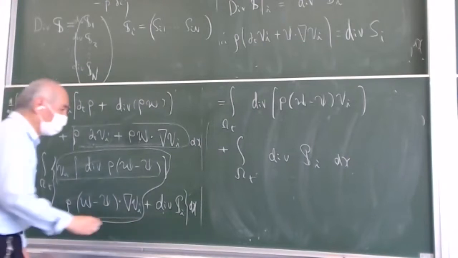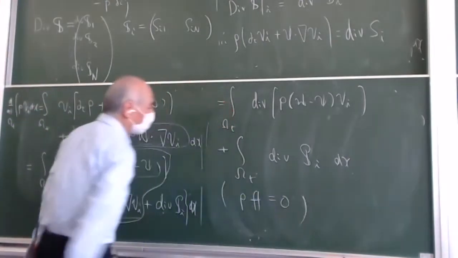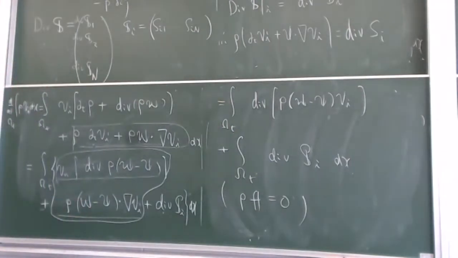Now, again, I want to say that we assume that rho f is zero. The external force is zero. Because we consider the conservation of momentum. If the external force is non-zero, then you don't get the conservation of momentum.